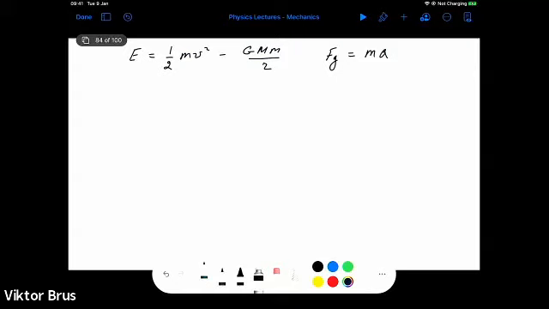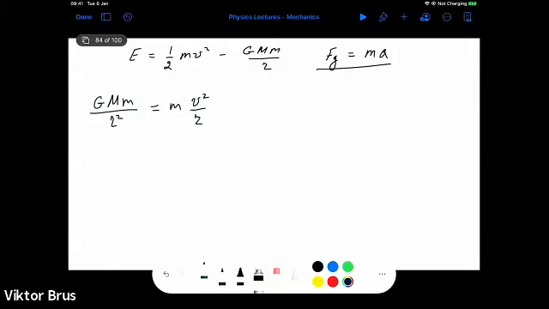So they compensate each other and we have a stable orbit. So from here, for gravitational force we write the universal gravity law, which will be G M times m divided by r squared equal to m, and for the centripetal acceleration, it's v squared divided by r, where v is linear velocity.